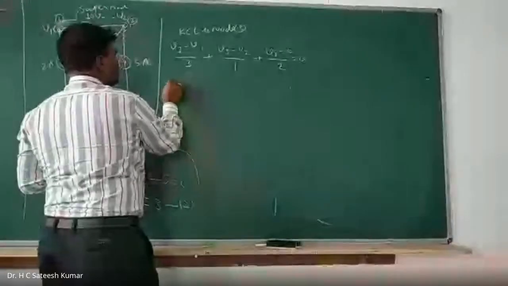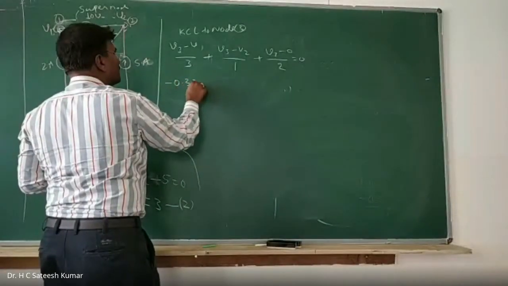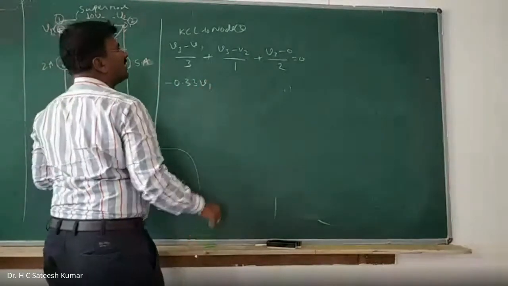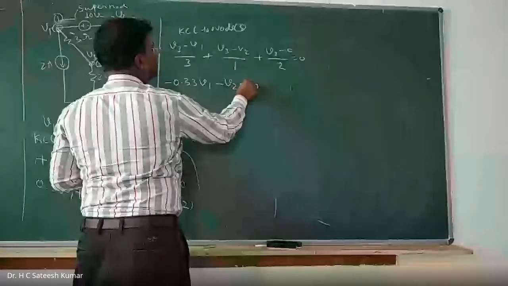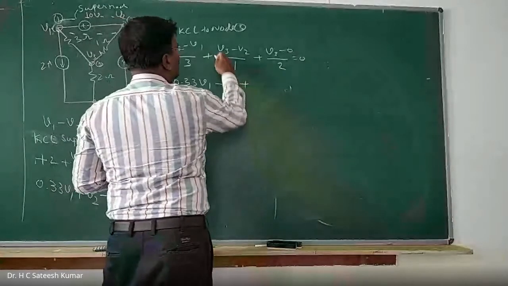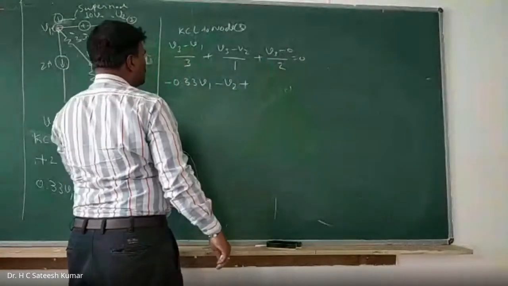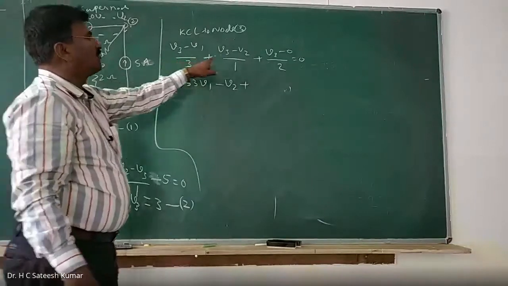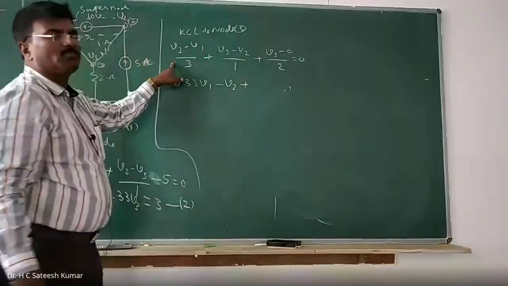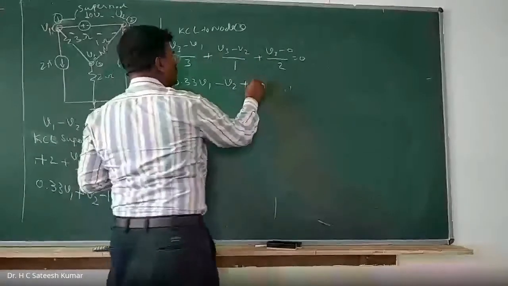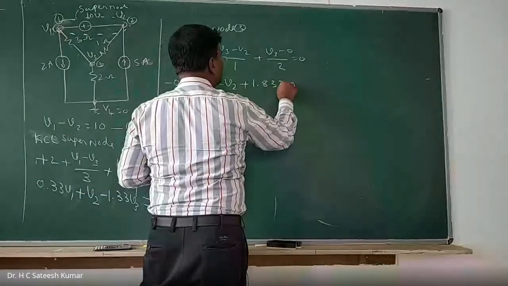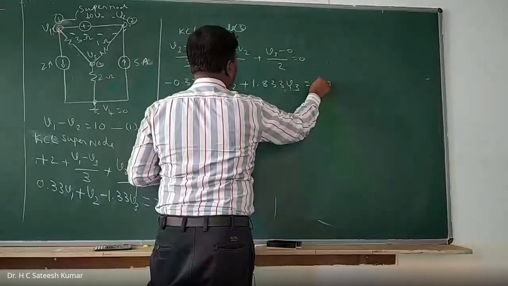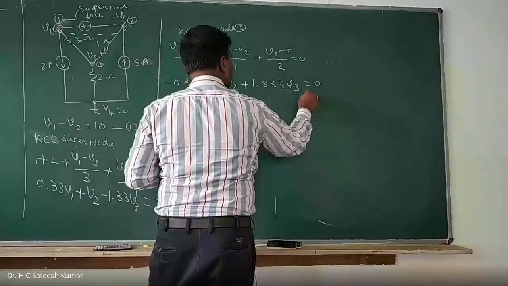That gives minus 0.33 V1 minus V2 plus 1 by 3, 0.33, plus 1, plus 0.5, that is 1.833 V3 is equal to 0. Call this equation 3.